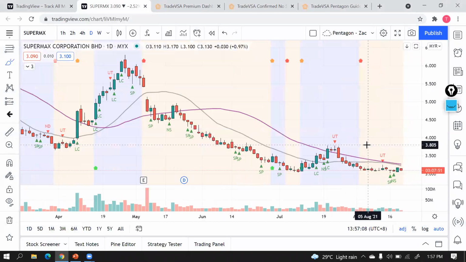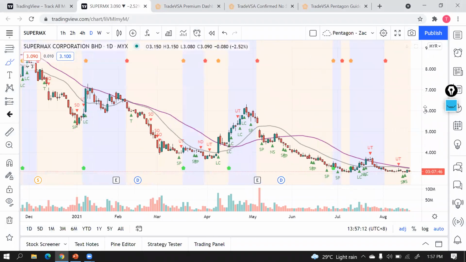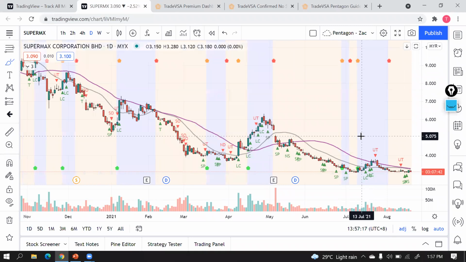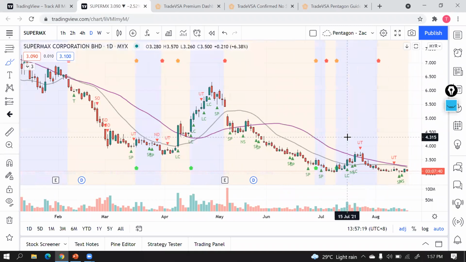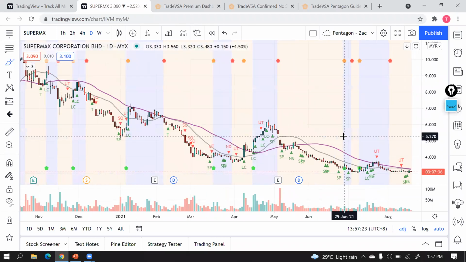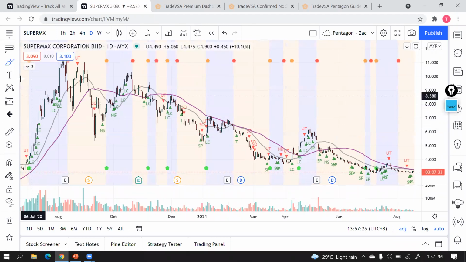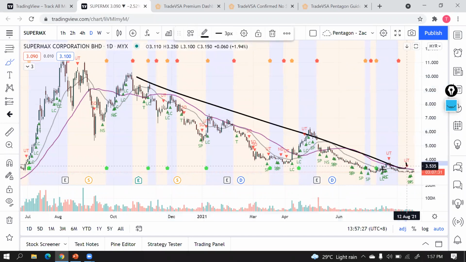Again, I'm not referring to fundamental analysis, because when I talk about Supermax, a lot of people will argue with me. But these are very good value counters, undervalue counters. Today we focus on technicals, not FA. So let's say I'm looking purely at technicals: downtrend.